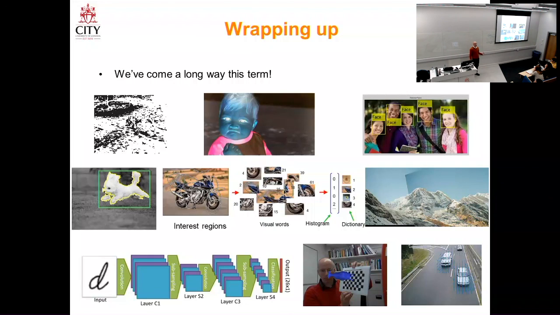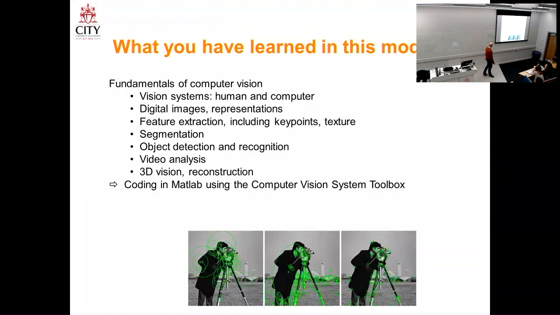We've done a lot of stuff in this module. And at this point, I think you've got a good grounding in computer vision. So we've looked at all of these different problems. We've used MATLAB and the Computer Vision System Toolbox as a mechanism to experiment with computer vision, to prototype algorithms, to try different things. And I hope you enjoyed working on that.